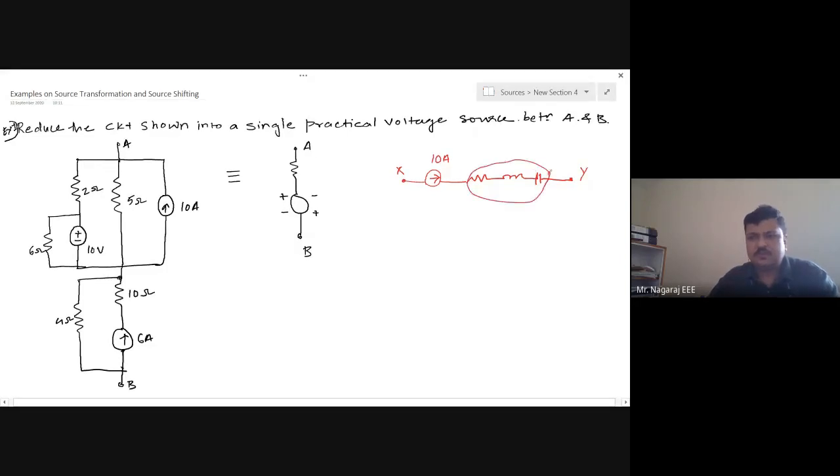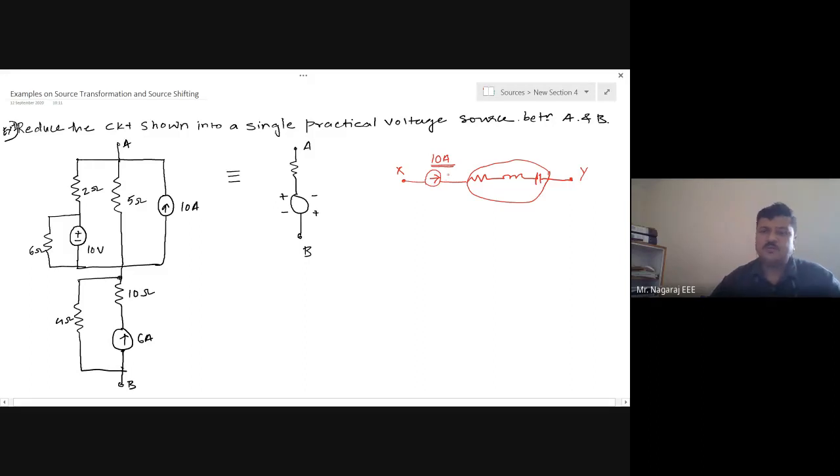These passive components will not affect the source value of this current source, which will remain 10 amperes always, because this is an ideal current source and it is expected to have 10 amperes of current as its value for infinite time.